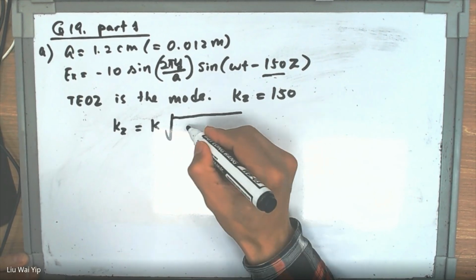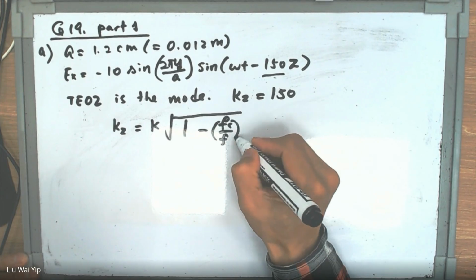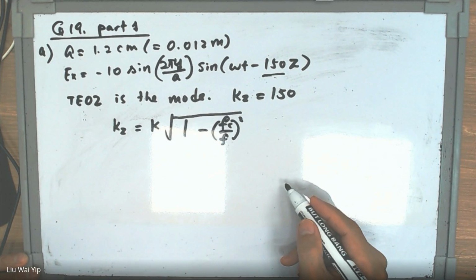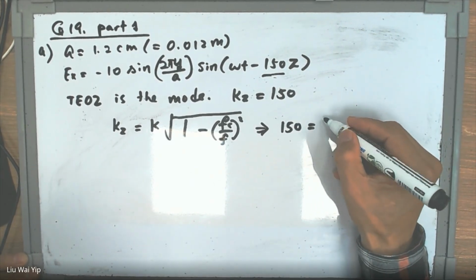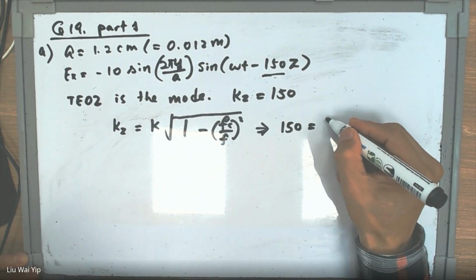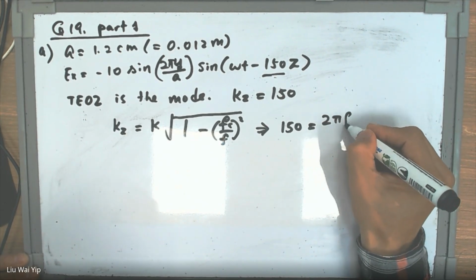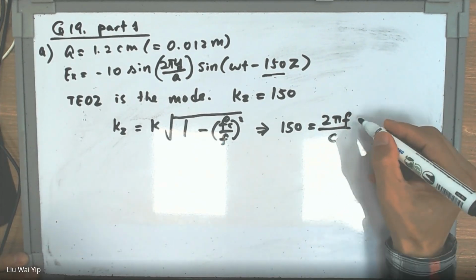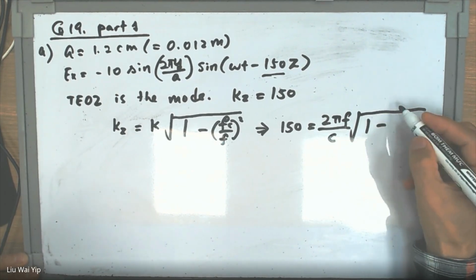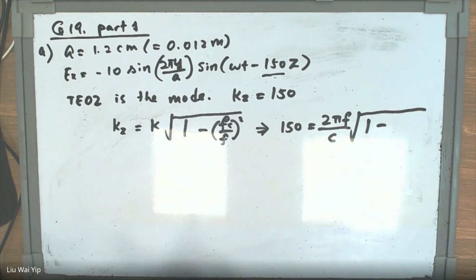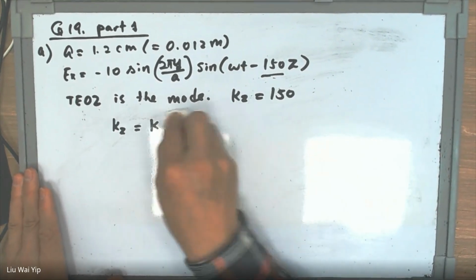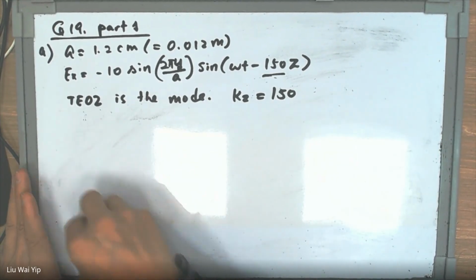Now what we are going to do is to use the formula for the propagation constant to calculate the cutoff frequency. So kz equals k times the square root of 1 minus (fc over f) squared, and f is the frequency we need. K is 2 pi f over the speed of light. We can't do that, we just work out the cutoff first.